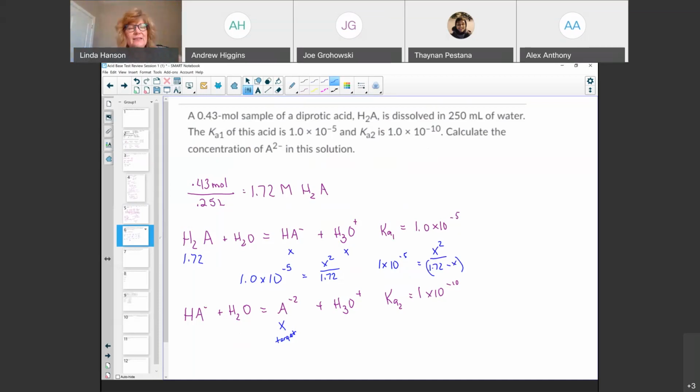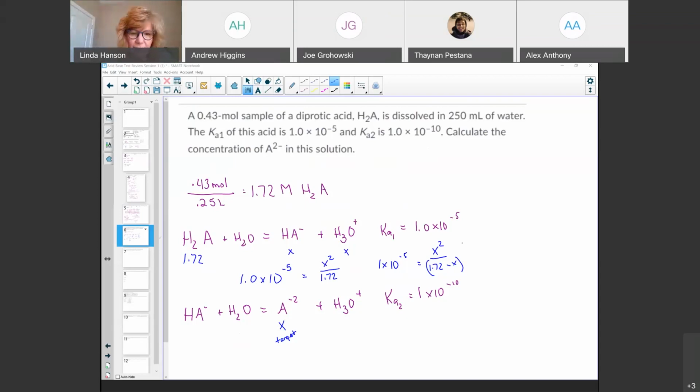Learning that the value of this X is so significantly small, it's negligible compared to the original concentration, that it's okay to just toss out the value of X because it's not going to change the overall answer. So that's what I mean by that 5% rule. I'm going to estimate the value of X by tossing out the quad formula. We went through that quite thoroughly in the notes, but let me know if you need me to expand on that a little more.